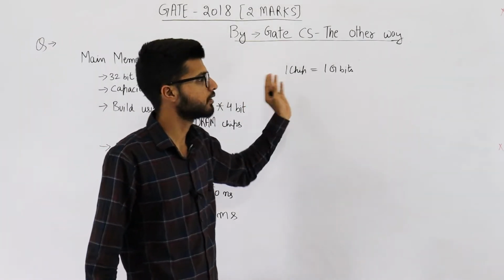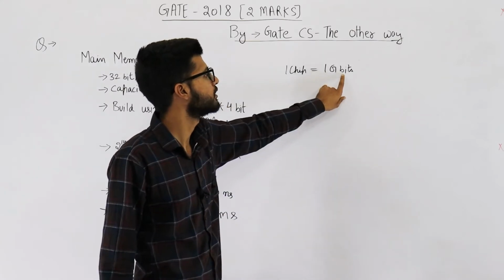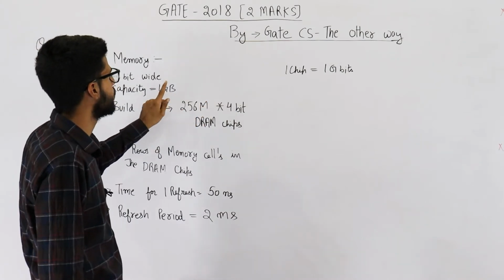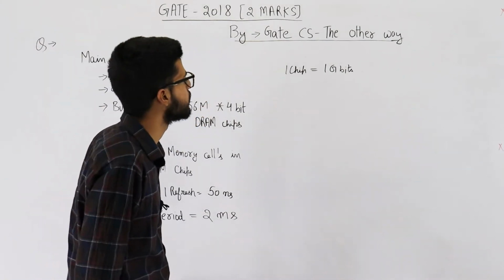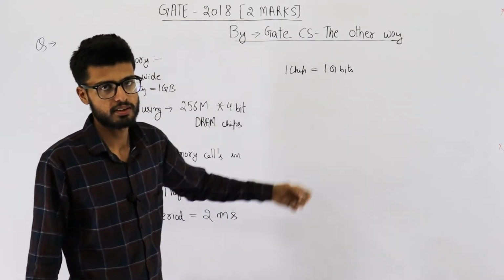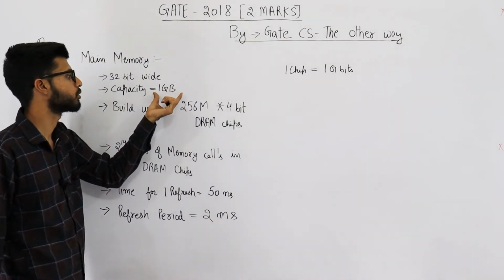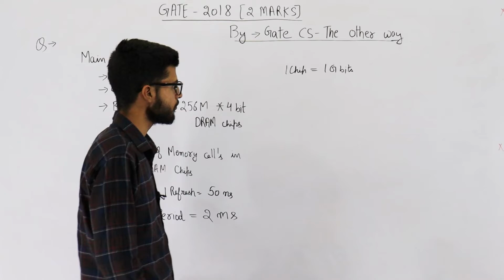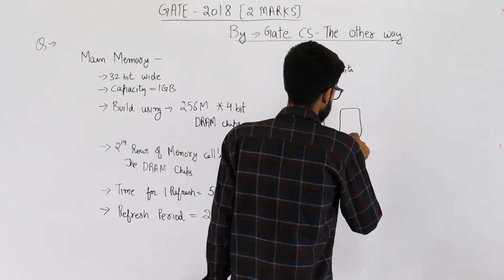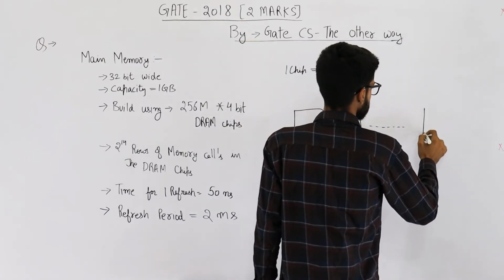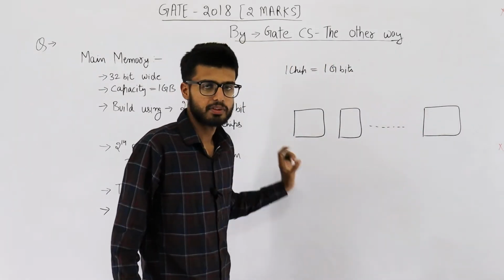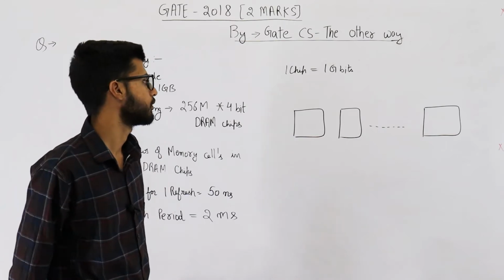So you can see such 8 chips will be required, because to form 1 byte, you need 8 bits. So from 1 G bits, you will require 8 chips to form 1 G byte. Say these are those 8 chips. So these 8 DRAM chips are combined to form one memory unit.